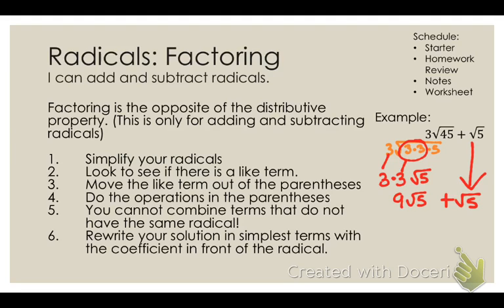Now I can actually start talking about factoring out the like term. In this case, the like term is that square root 5. And then I'm going to put in parentheses. Now, up here, I have 9 times the square root 5. When I remove or divide by the square root 5, what am I left with right here?